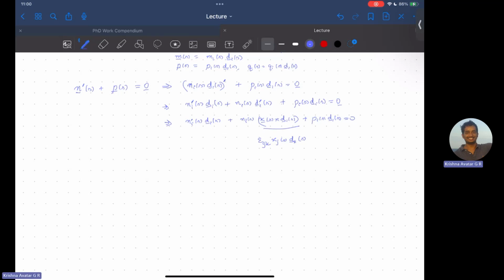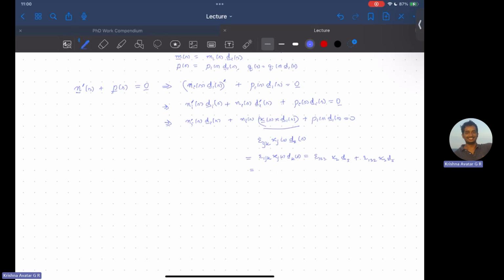For i equal to 1, it is epsilon 1 j k kappa j dk. The surviving terms are epsilon 123 kappa 2 d3, plus epsilon 132 kappa 3 d2.